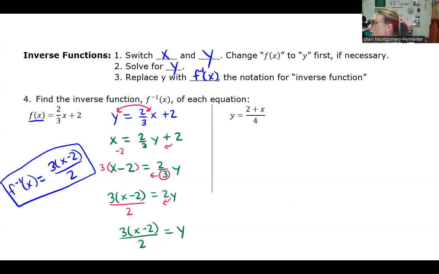If you are doing a quiz or a test and it's a multiple choice question, you can rule out answer choices that don't have inverse operations. Here's what I mean. If we look at what we were given, we have a +2.